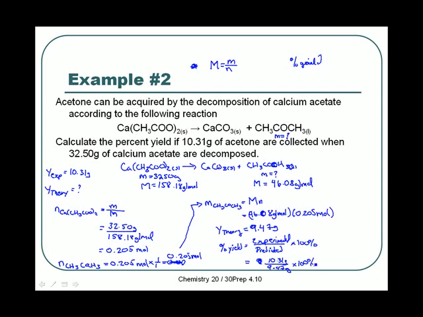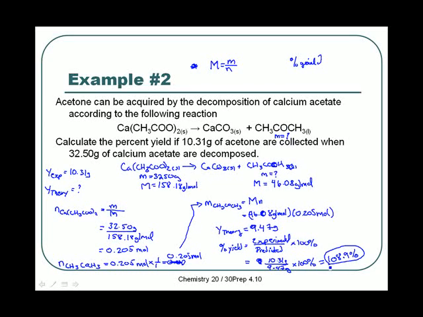So 10.31 divided by 9.47 times 100%, and we get 108.8. So 4 sig digs, 108.9, 108.9%.